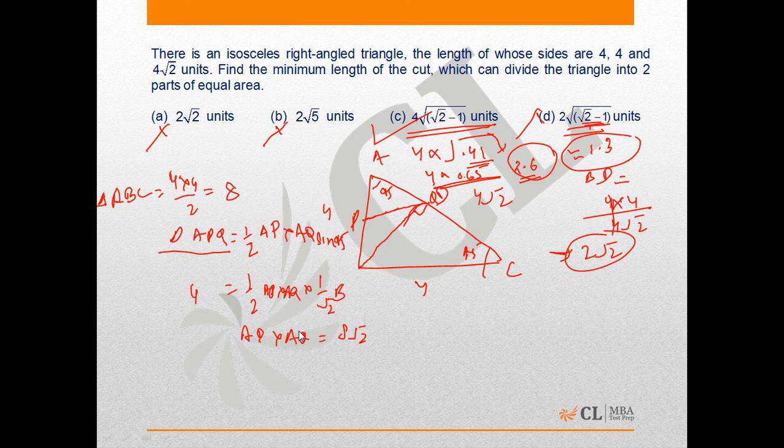Now applying the cosine formula in triangle APQ, we get PQ square equals AP square plus AQ square minus 2 AP into AQ into cos 45.